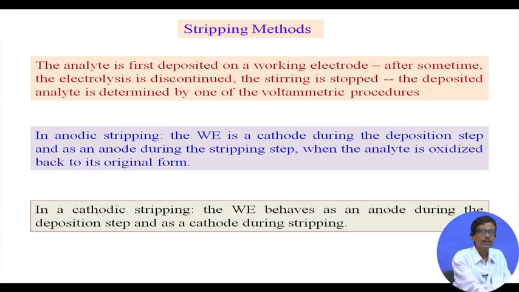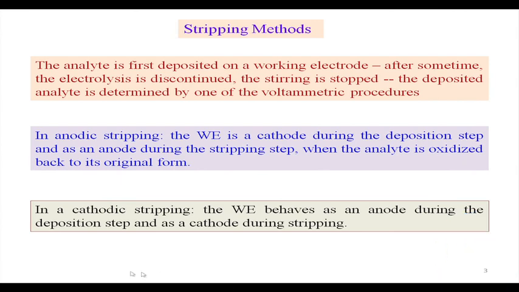Then the other process is the opposite to the first one. When the working electrode behaves as an anode, you get the deposition, and it will be a cathode during stripping. This process is known as cathodic stripping.